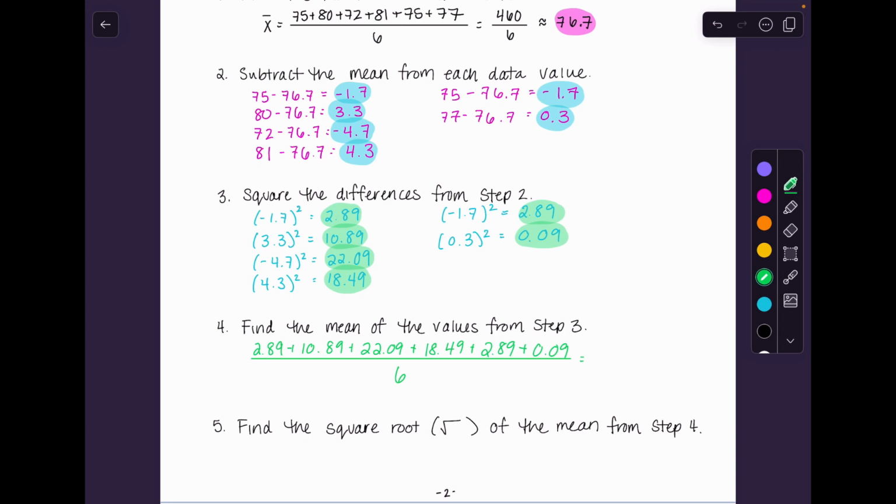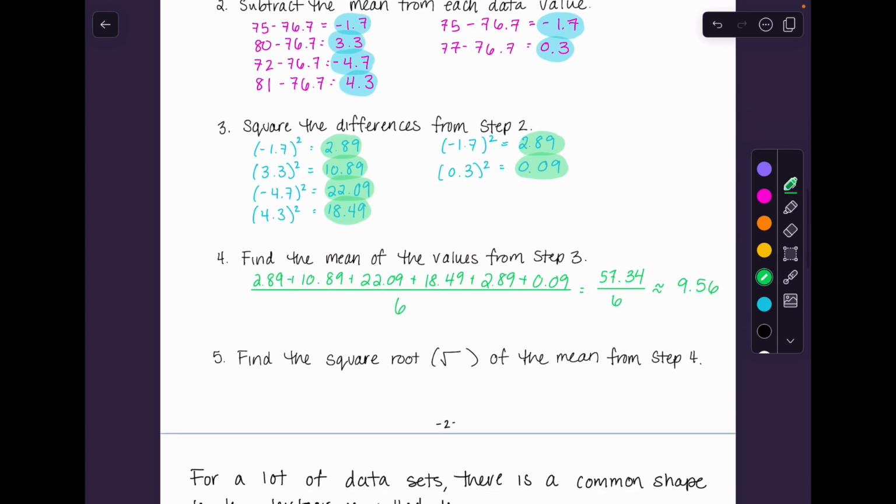If I add everything in the numerator, it's 57.34. Divide that by 6, and it gives us 9.56. Okay. So again, this gives me the average squared distance.